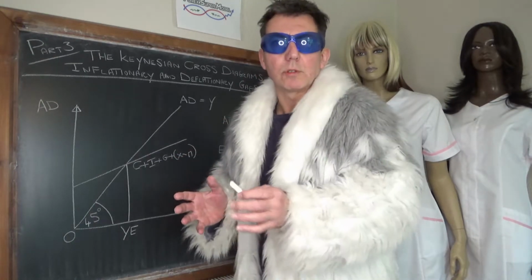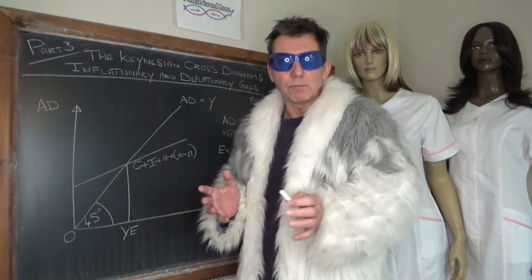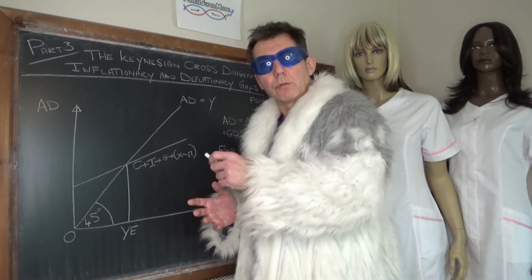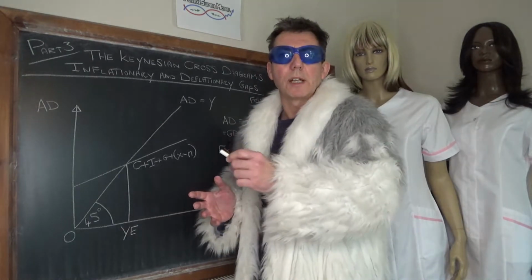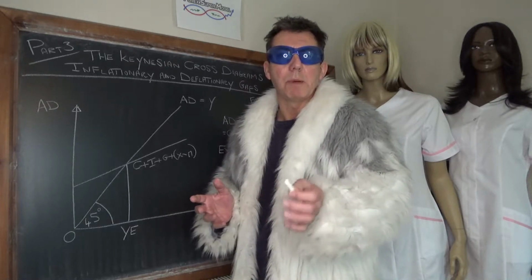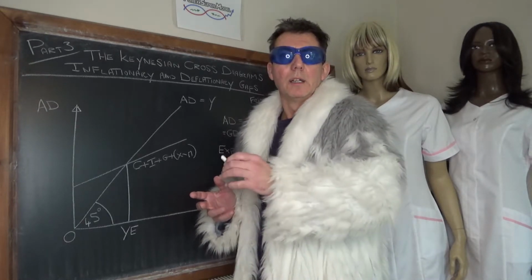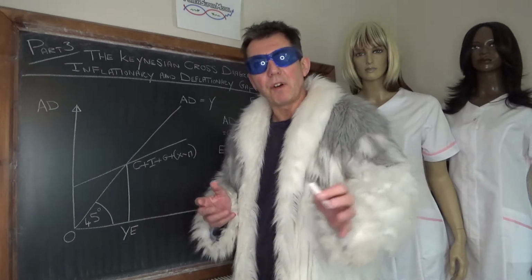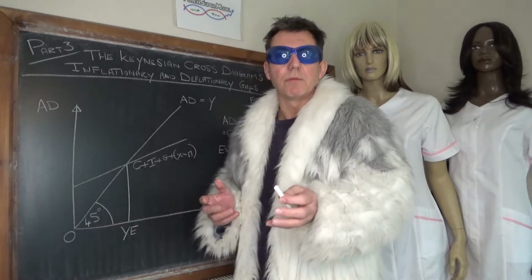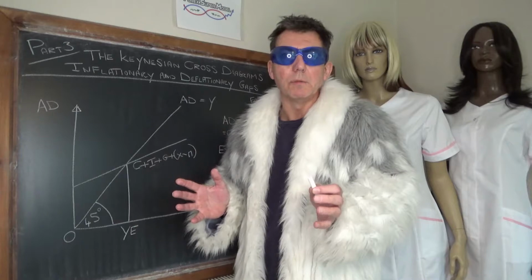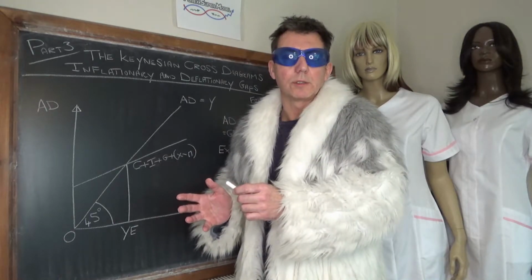We then also looked at this idea of the Keynesian consumption function, which we said had an autonomous element. An autonomous element basically means that it's independent of income. And then we said that there was a function of income as well, the consumption function. We then drew and showed you a consumption function.